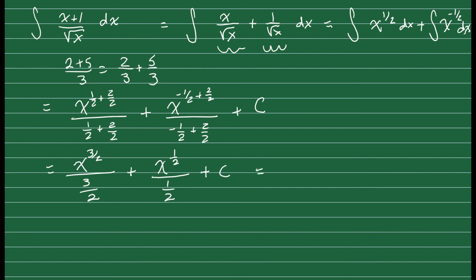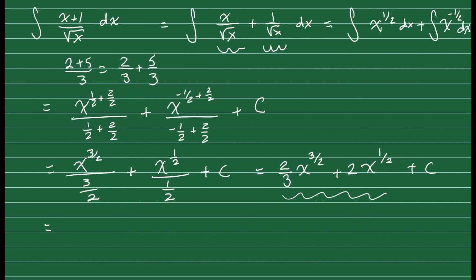And we rewrite it as 2/3 times x to the 3/2 plus 2 x to the 1/2 plus c. It depends how much you want to simplify. In this case, we can go ahead and factor out an x to the 1/2, which is the most that they have in common, and they also have 2/3 in common.